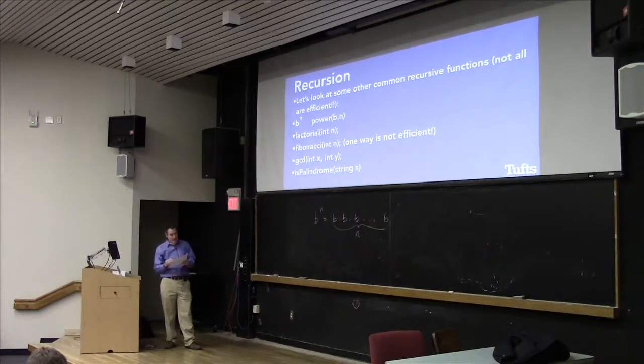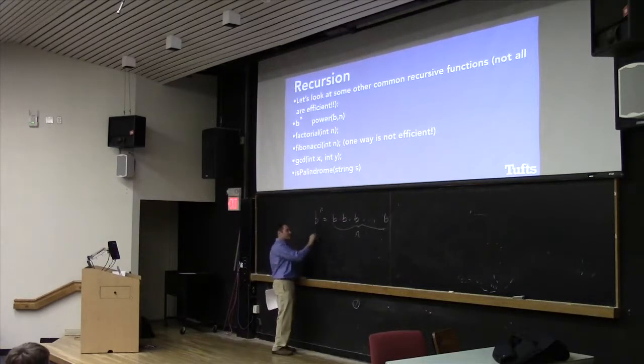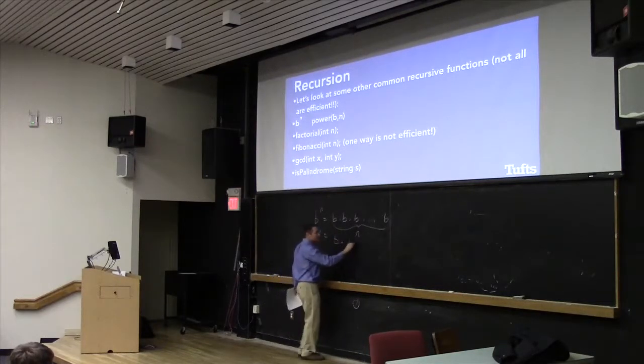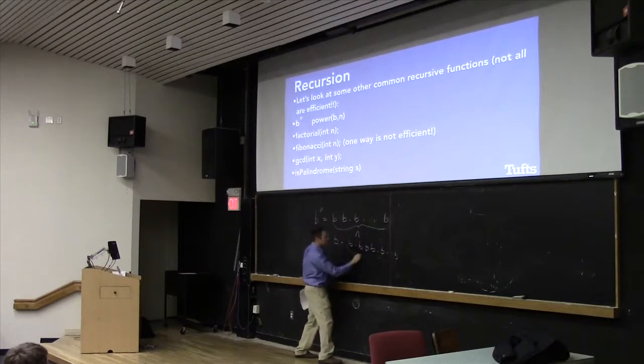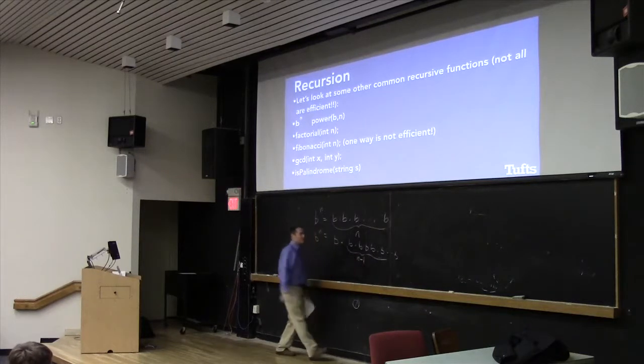OK? And the nice thing about this is this can actually be rewritten. Okay? It can be rewritten like this. b to the n equals b times b times b times b times b times b dot dot dot, where this number is now just n minus 1.